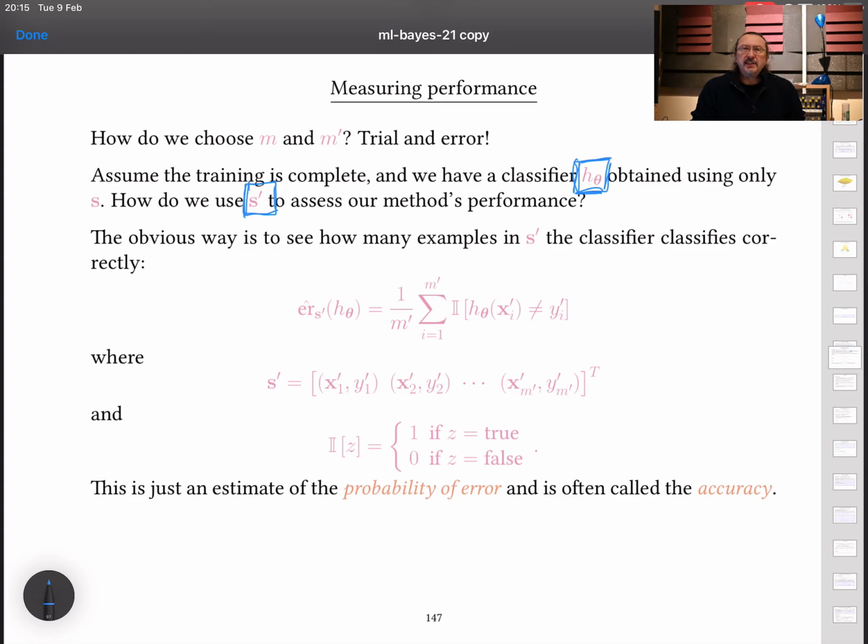That's very, very easy to estimate if you have some held out training data. Here we have an estimate of the probability of error. Now, I here is just the function that counts 1 when the predicate in brackets is true and 0 when the predicate in brackets is false. This is called the indicator function.